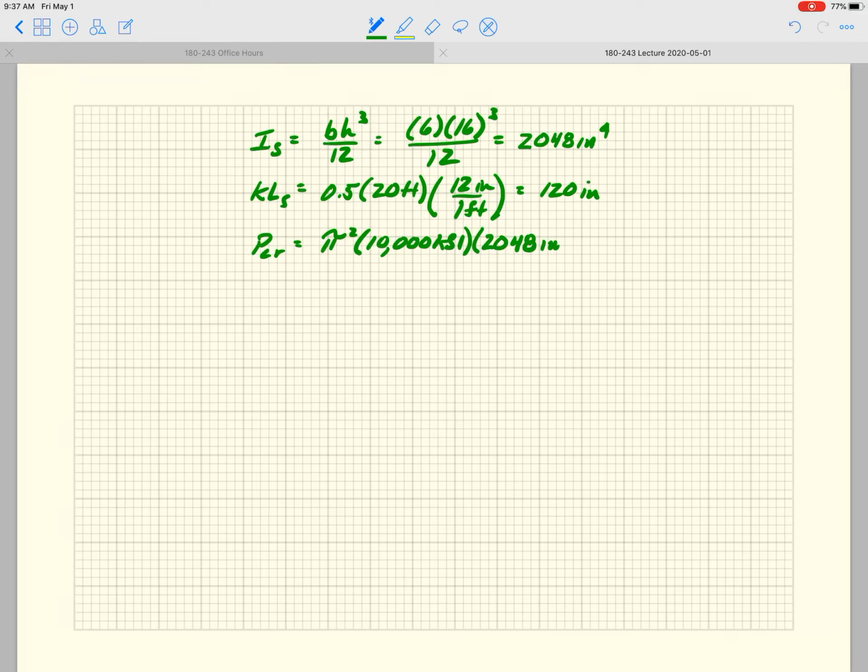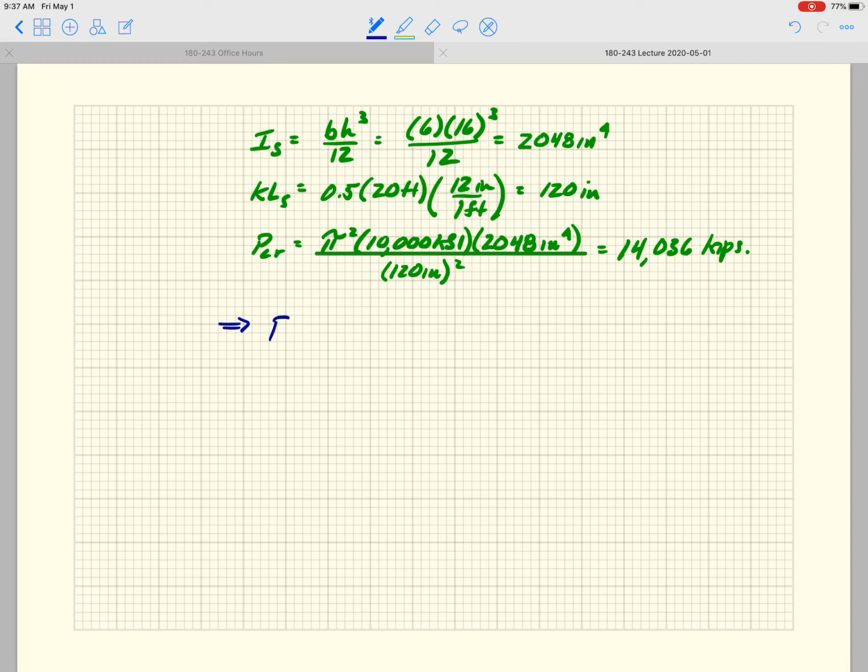All right, so then this becomes 2048 inches to the fourth, and that is now all over 120 inches squared, and that is 14,036 kips. All right?